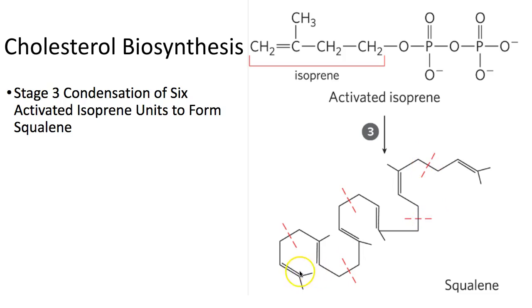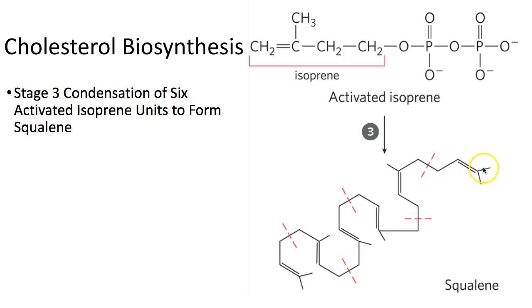So it's one right here, 2, 3, 4, 5, and then another one here, and the next one here, again here, and then here, and this last one.